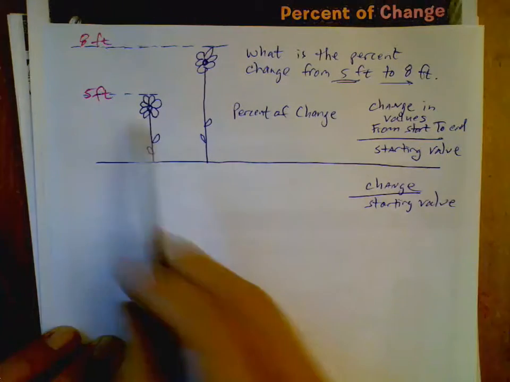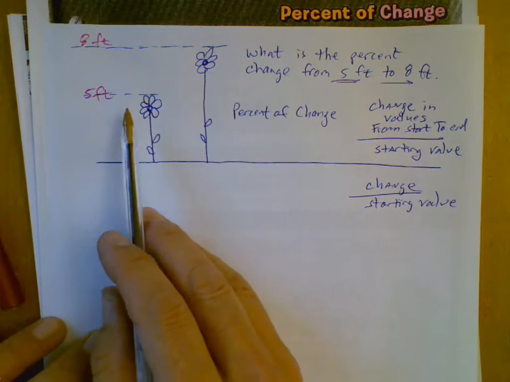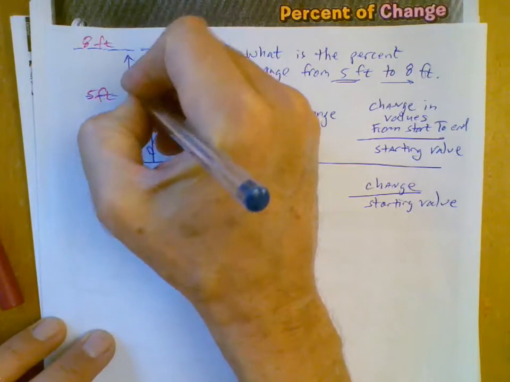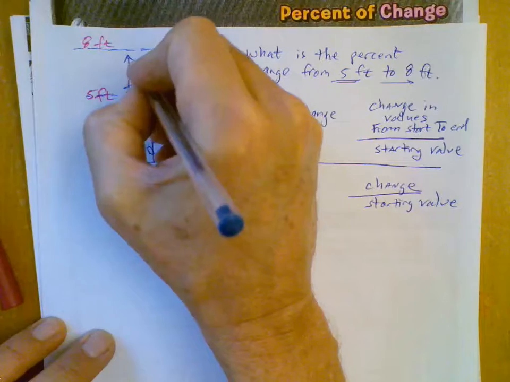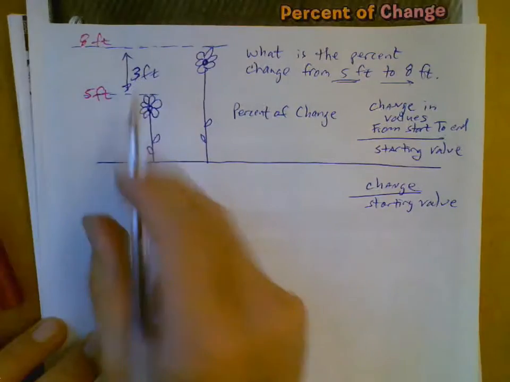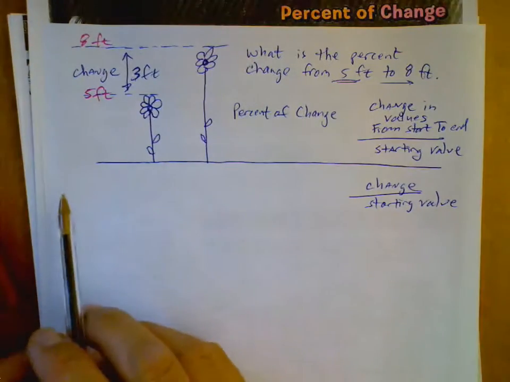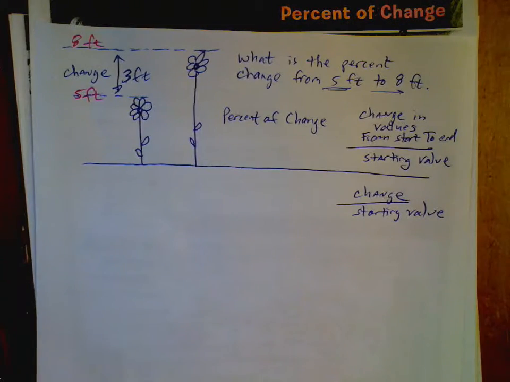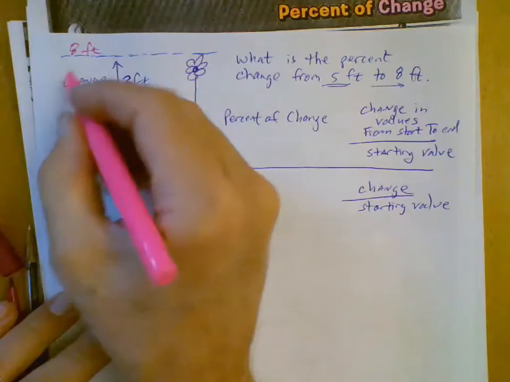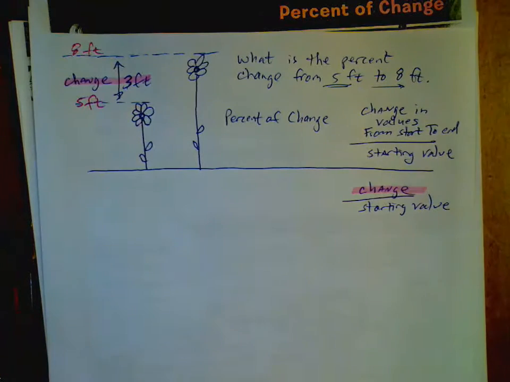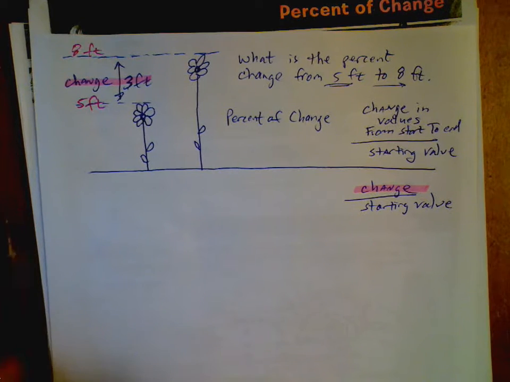So let's consider our case here. The flower grew 3 feet. That is, its change was 3 feet. This is the change. I want to be really clear: this change here is 3 feet. And the starting value was this 5 feet.